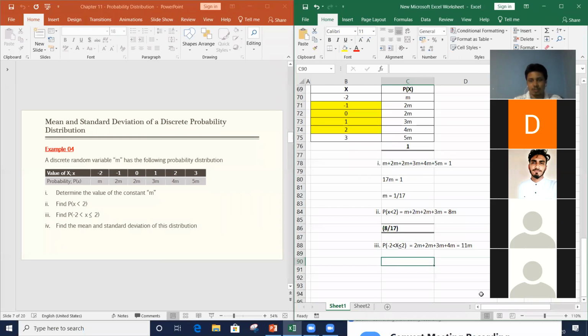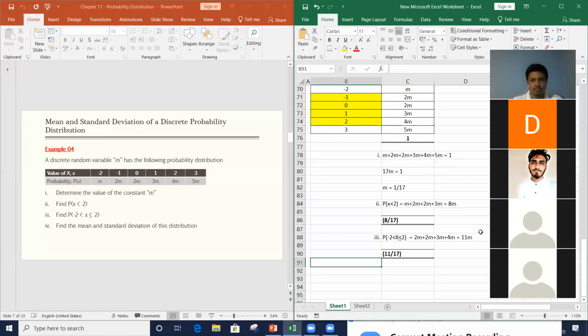The value of m we already know. Therefore, the value of m is 1/17. So the probability should be equal to 11/17. This should be the answer for part 3.